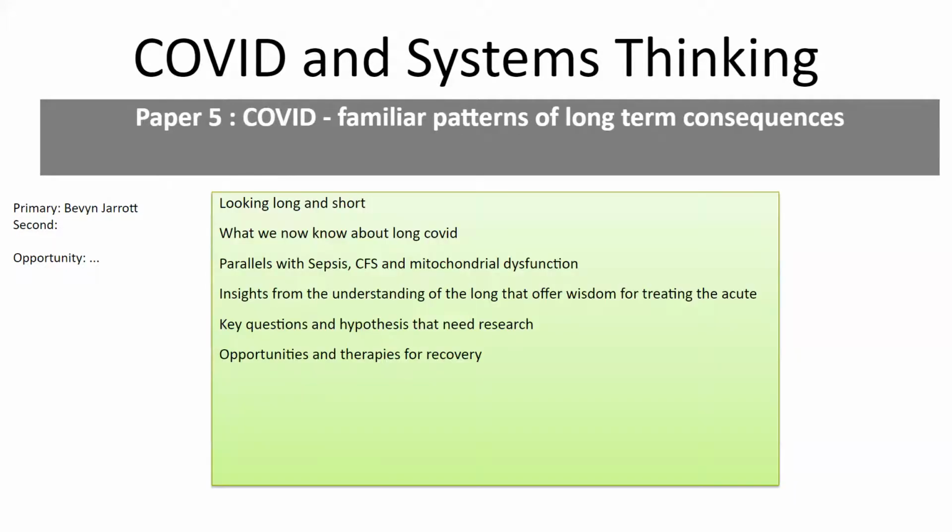Sure, go ahead, Felix. Bevan, what is the systems view or the systems modeling perspective in your very interesting paper? Well, I guess the systems modeling is aging and loss of the ability of blood vessels to relax.